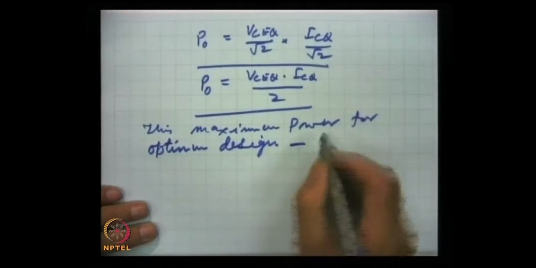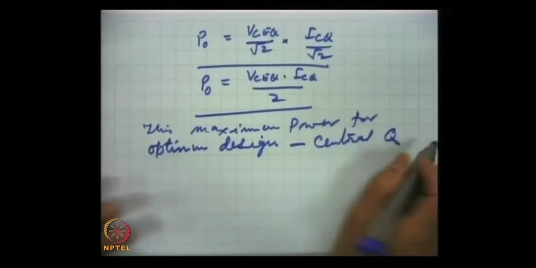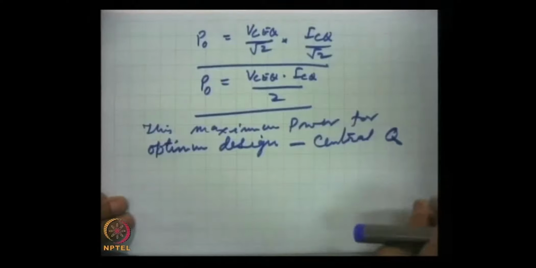That means central Q and the swing is in the whole region. Now, what is the conversion efficiency? The next thing we are going to have is the conversion efficiency.